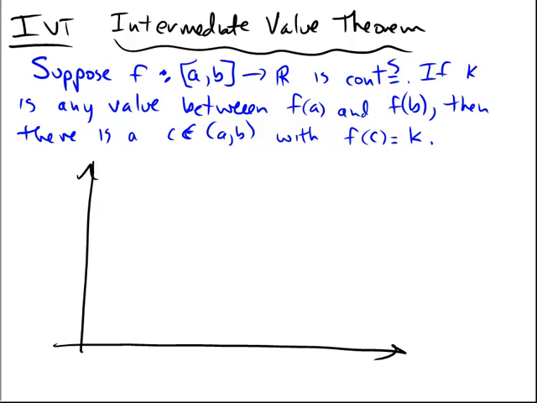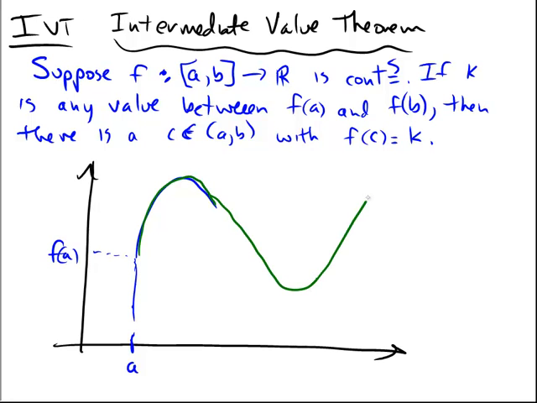So in a picture, just to remind you, again, this probably doesn't need any introduction because it's so famous. If we have an a here and an f of a value right here, and then the function goes up, and then maybe it comes down a little bit, and then it comes up to here, who knows. But then over here we have a b value, and over here we have an f of b value.